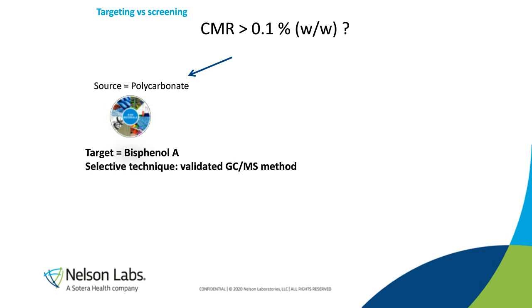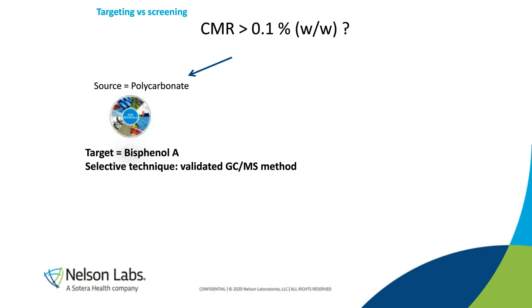We would use the GCMS method to evaluate this particular case, and we'd be able to know for sure the amount of bisphenol A that's leaching from a device from this particular polymer. And we could tell you exactly that it's there and how much is there, because this is a targeted approach. So it's like that targeted screening approach.